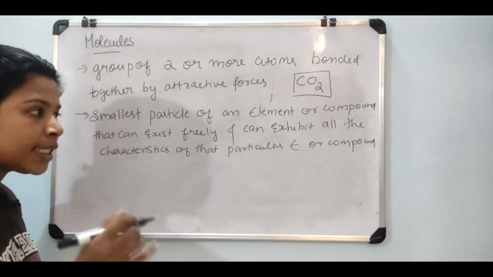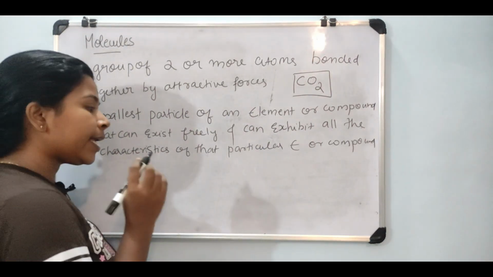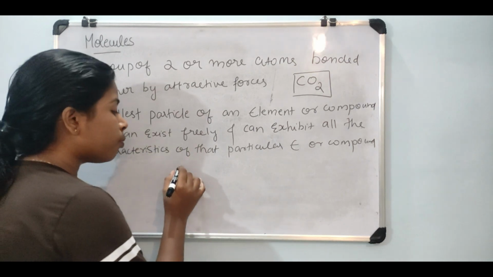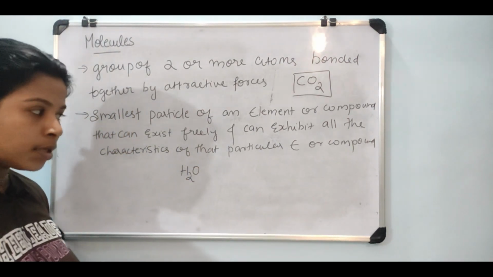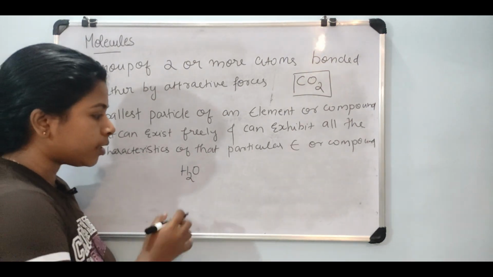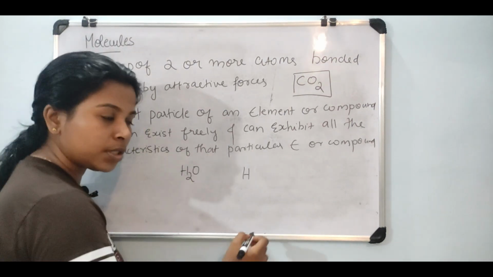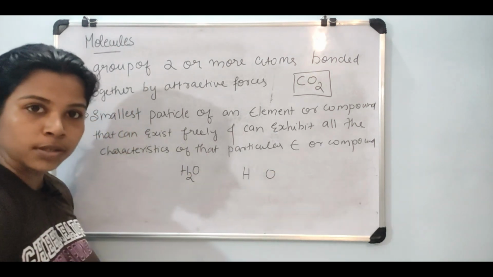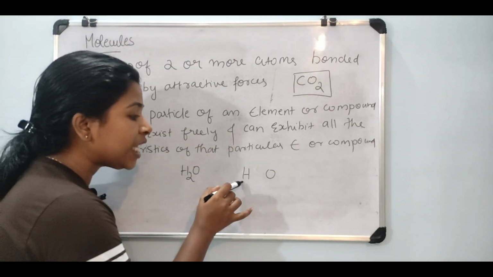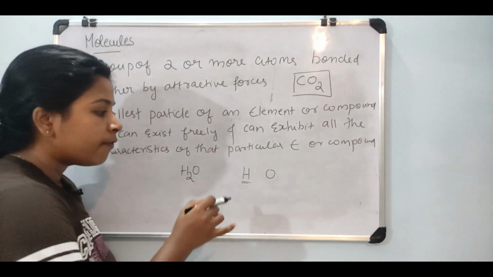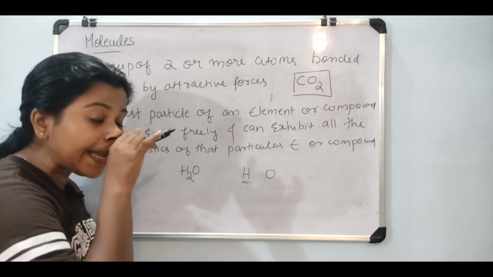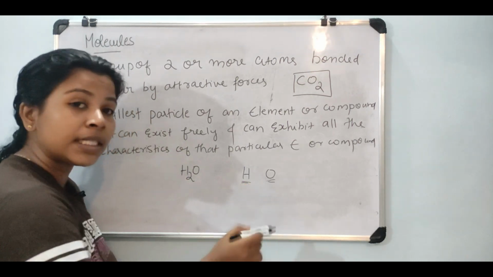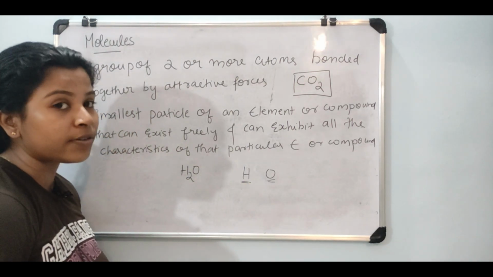Means what? See, suppose I am taking a molecule of water, it's H2O. Here in the molecule of water there are atoms of hydrogen as well as atoms of oxygen, right? But will hydrogen individually exhibit the property of water? No. Similarly, will oxygen individually show the characteristics of water?